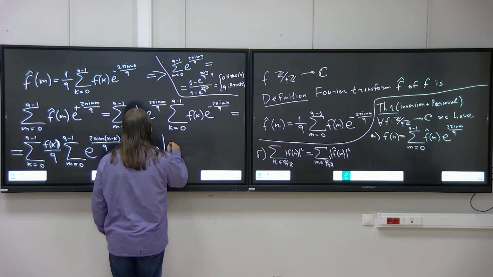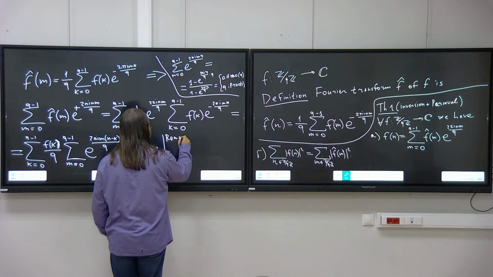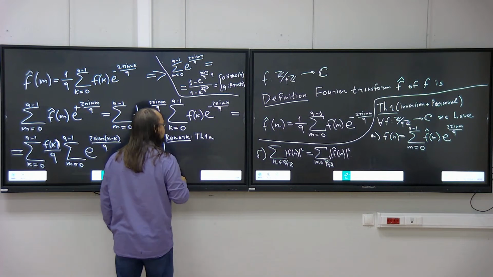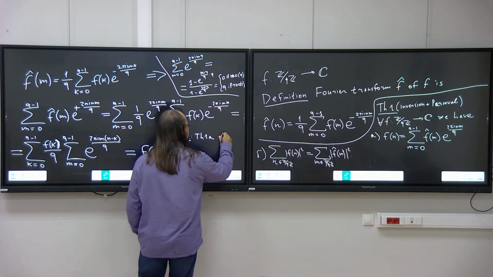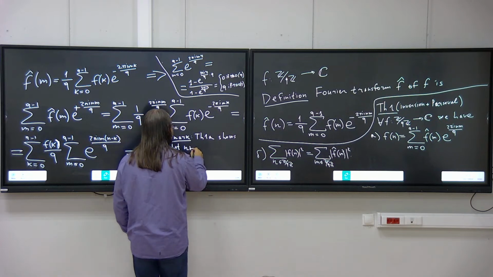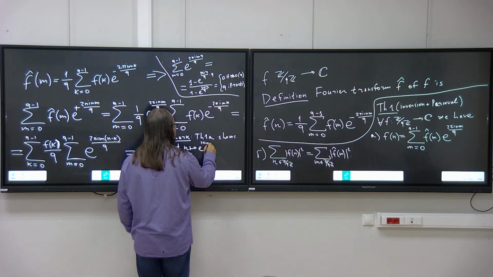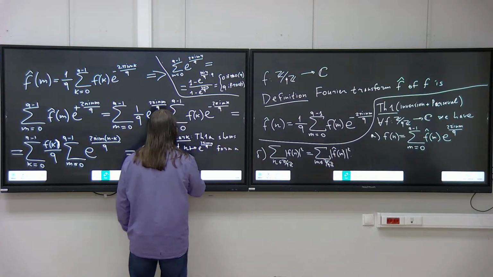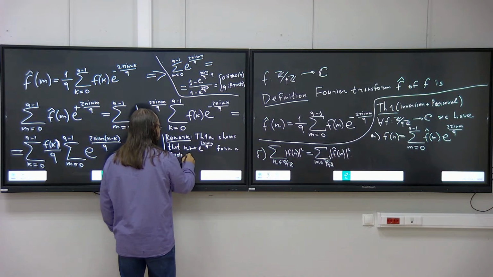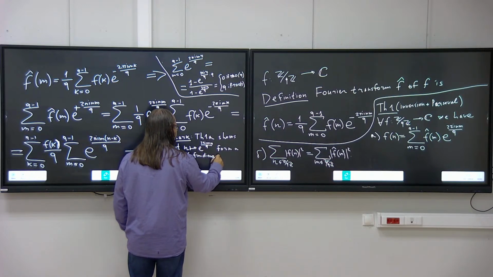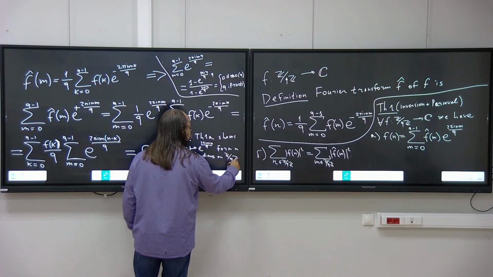Okay, also an easy remark. This part of our theorem shows that the functions of the form n goes to e to the power 2 pi i m n over q form a basis of functions on Z over qZ.